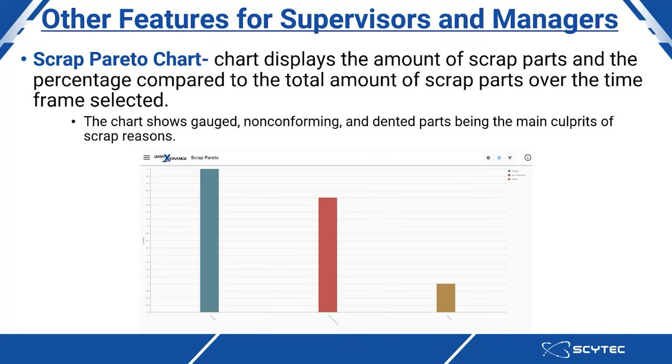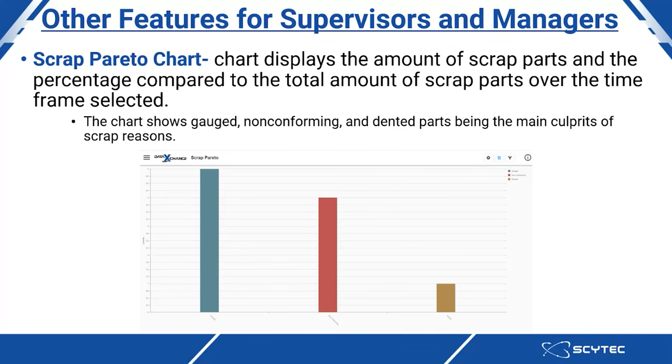We also have the scrap Pareto chart, and this chart displays the amount of scrap parts and the percentage compared to the total amount of scrap parts over the time frame selected. And what you're looking at below is all of the different reasons for the scrap that's been created in a selected time frame in a chart.